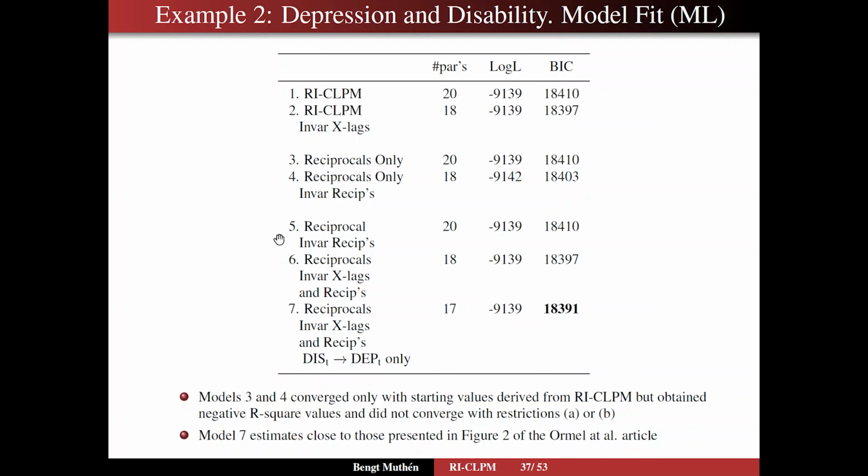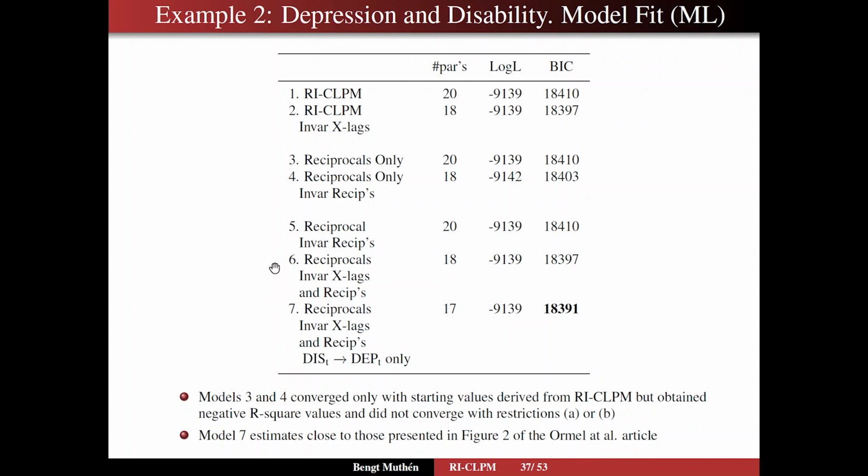So then in model 5 you have the standard reciprocal model with the invariant reciprocals, the sets of two reciprocals are equal across time, and that model is equivalent to model 3 and to model 1, as we see also in the log likelihood.